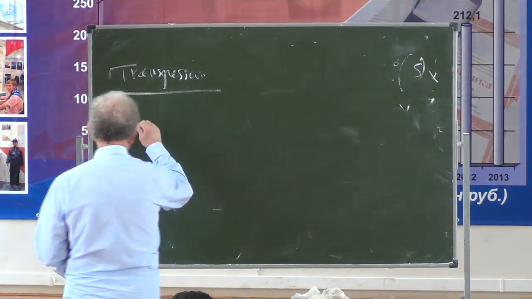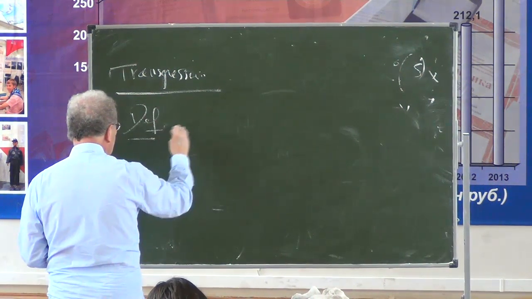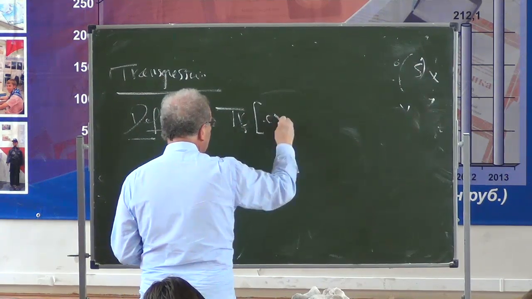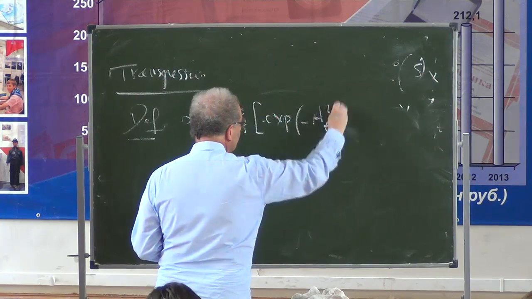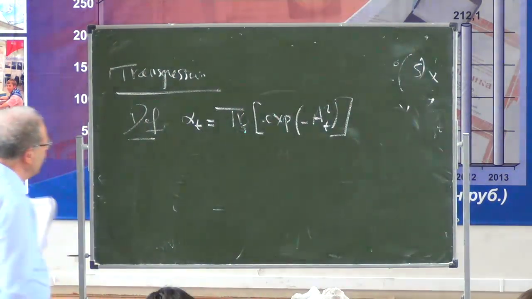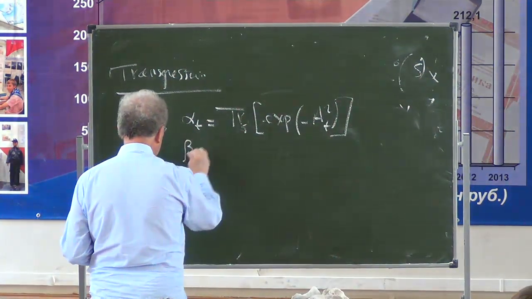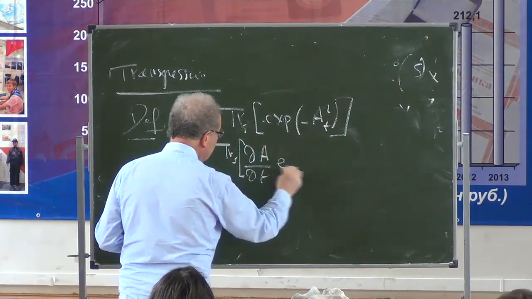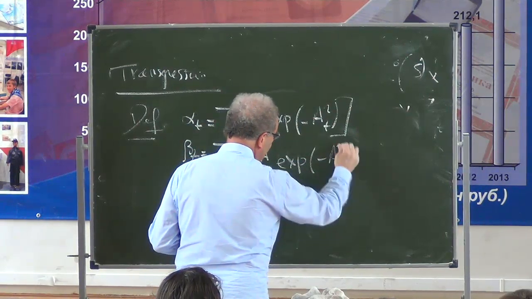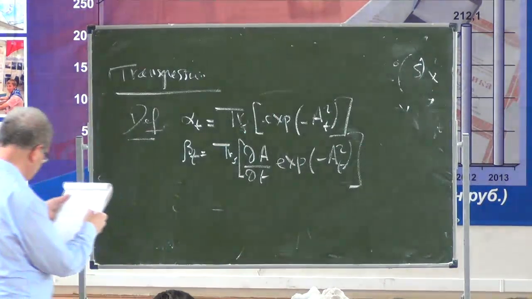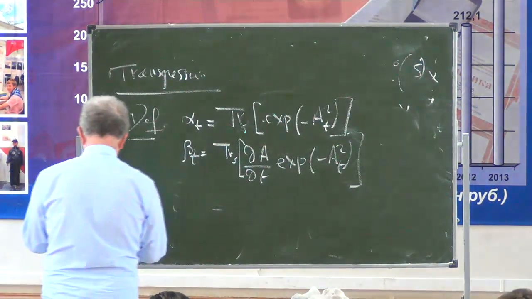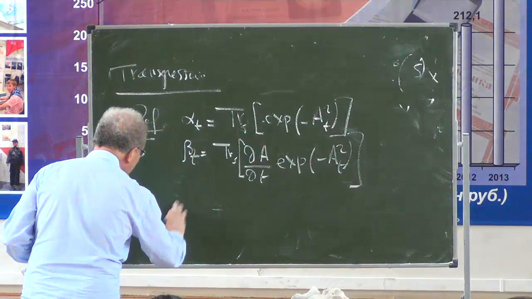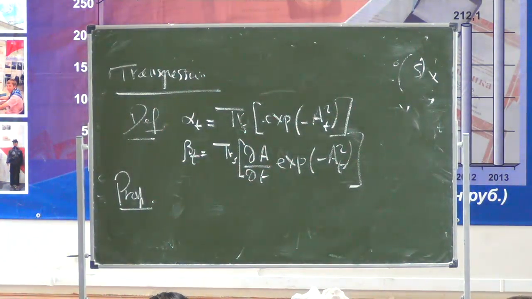So let me just introduce by definition: I call alpha t, renamed for simplicity, the supertrace of exponential of minus A t squared with this new A t, and beta t equal to the supertrace of dA over dt times exponential of minus A t squared. Proposition: this is proved exactly by the same techniques as in Chern-Weil theory.